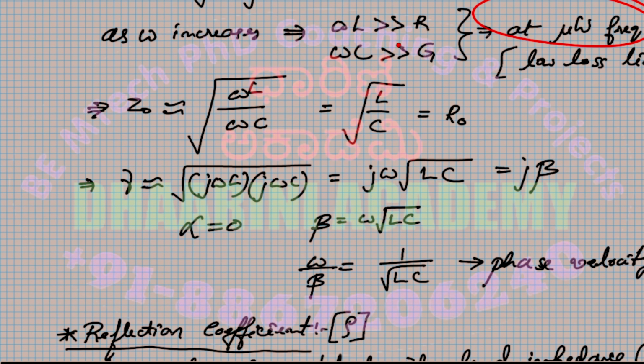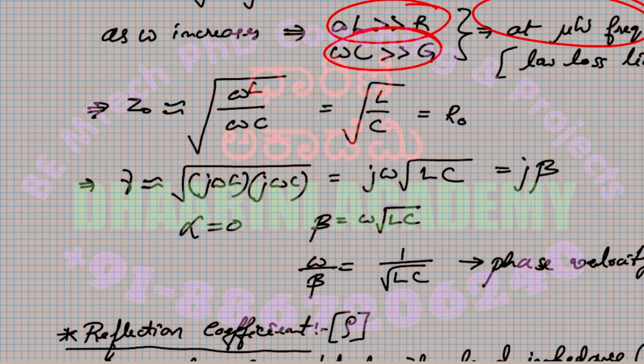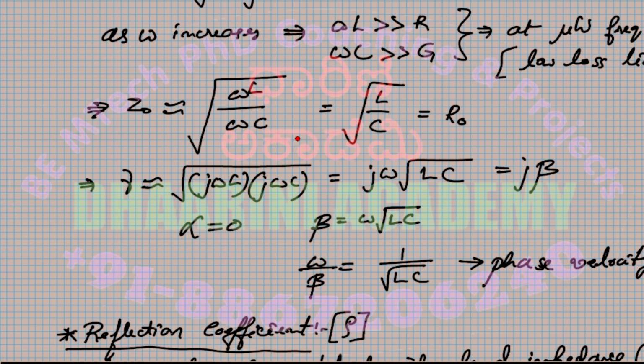At microwave frequencies, the omega L is very large. Omega C is also very large. So R and G will not come into the picture. So you see the Z naught equation is simply the root of omega L by omega C. Omega cancels. It's root of L by C, we called it R. It's a resistance which is not complex. That's why you can call it a simple R naught.